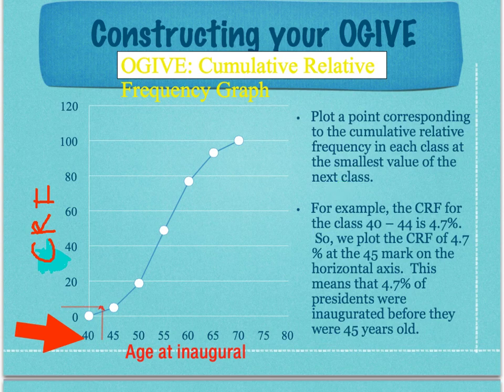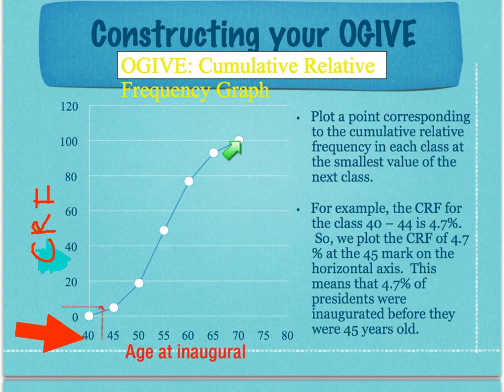So for example, the cumulative relative frequency for our class 40 to 44, that was the first class, was 4.7%. So we plot that 4.7 at the 45 mark on our horizontal axis. This means that 4.7% of presidents were inaugurated before they were 45 years old.